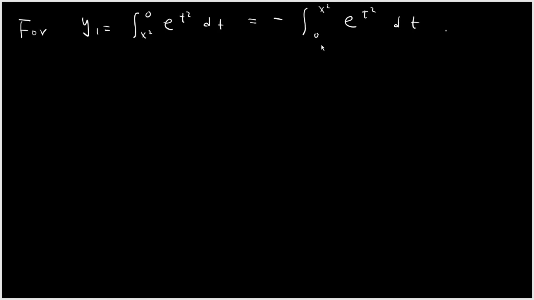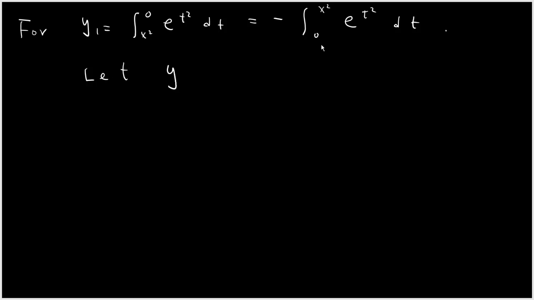Again, I want to use FTC. FTC has a requirement: the lower limit has to be a constant. That's why I make the lower limit the constant. At this point, so it's easier to see what's going on, can I use y3 to denote a function of x?